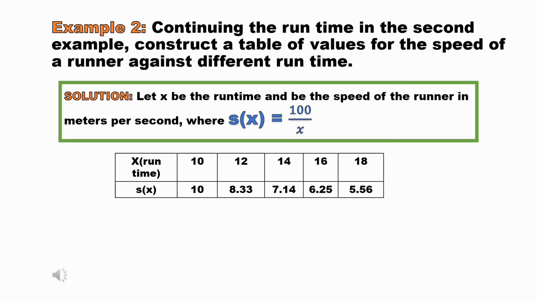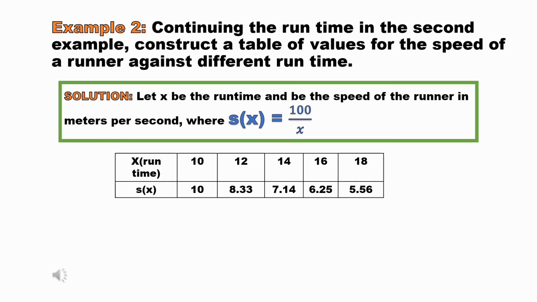If your runtime is 10 seconds, your s of x is 10 because 100 divided by 10 will give you 10. If your runtime is 12, 100 divided by 12 will give you 8.33. If your runtime is 14 seconds, that is 100 divided by 14, which will give you 7.14.